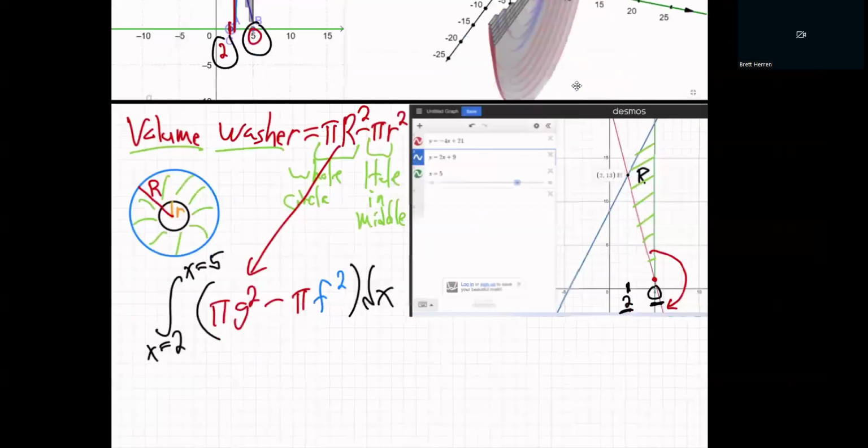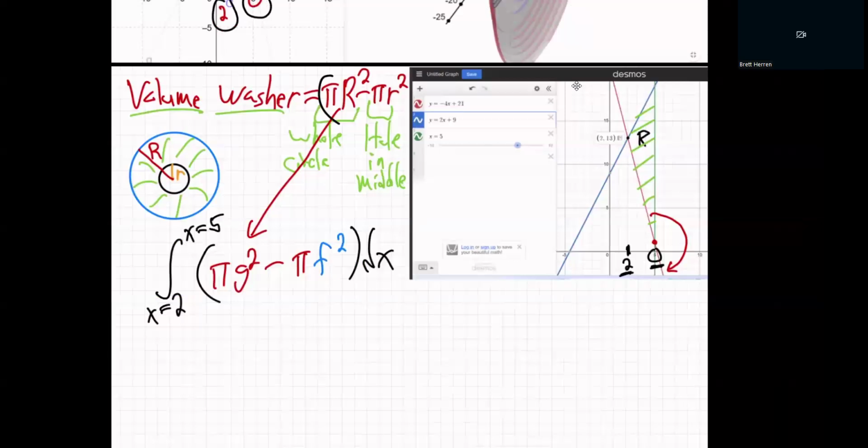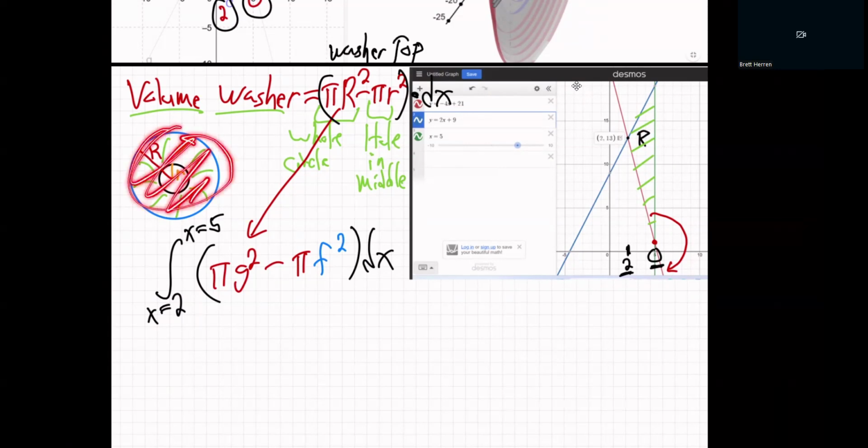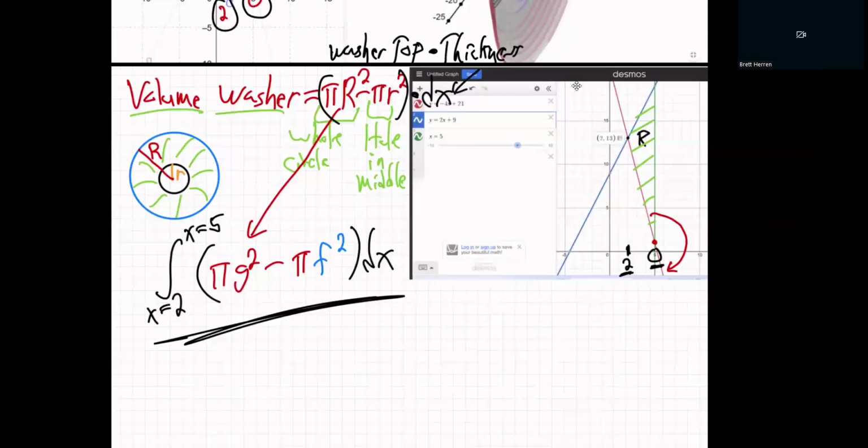So the volume of a washer, I should have said, is that times dx, because dx is the thickness. This is the washer top: the whole circle, take away the hole in the middle, times the thickness, which is dx. So there's our integral.